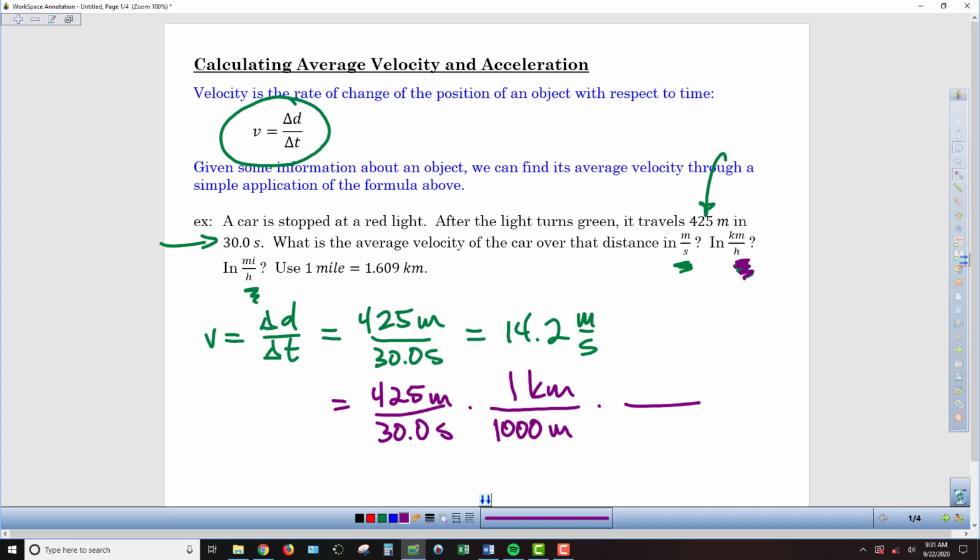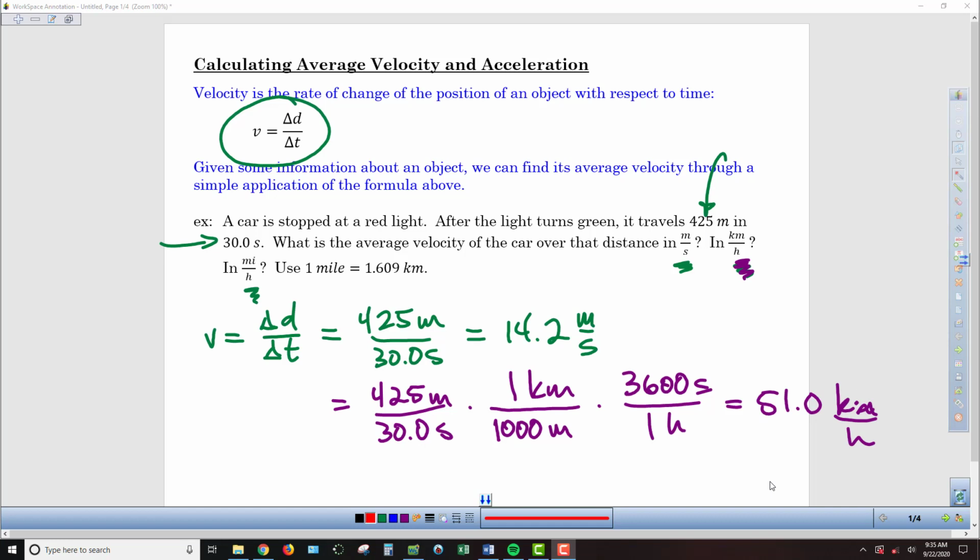We could go from seconds to minutes and then minutes to hours, but hopefully at this point we know that we've got 3,600 seconds in 1 hour. Again, if we just push buttons on our calculator and round off to the same 3 sig figs, we're going to get an answer of 51.0 kilometers per hour.